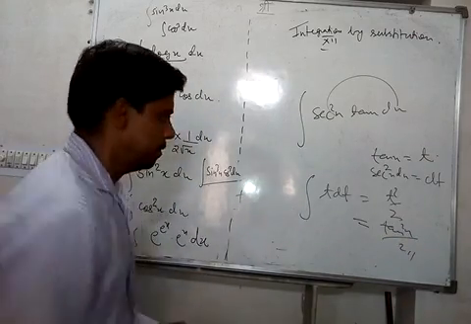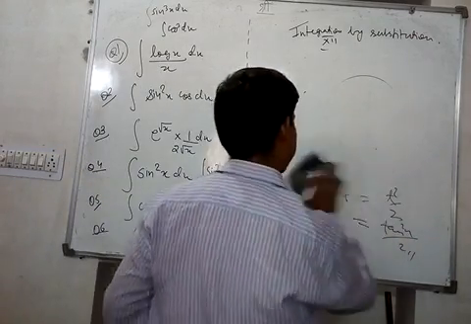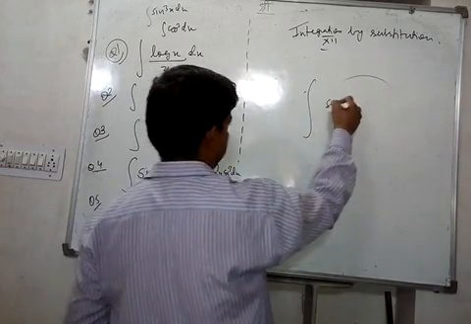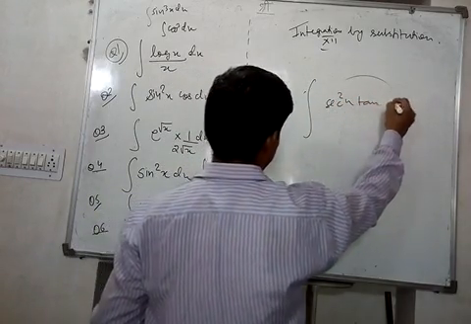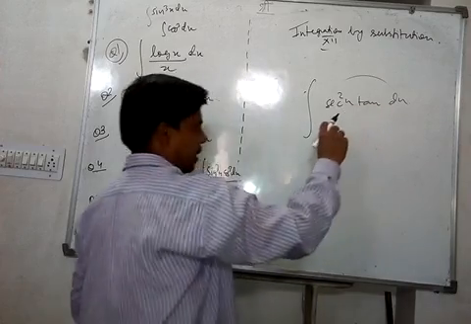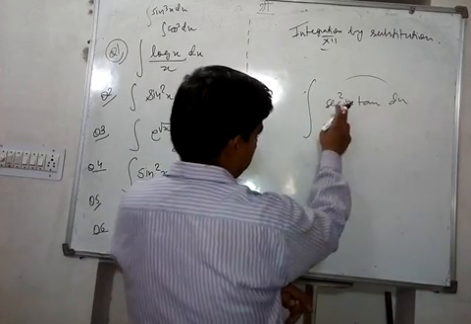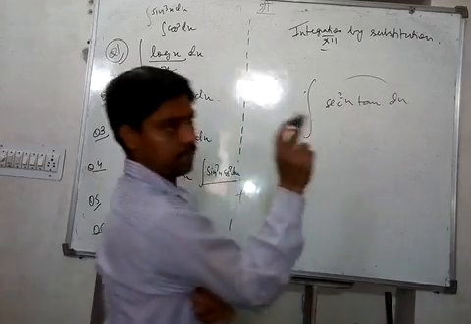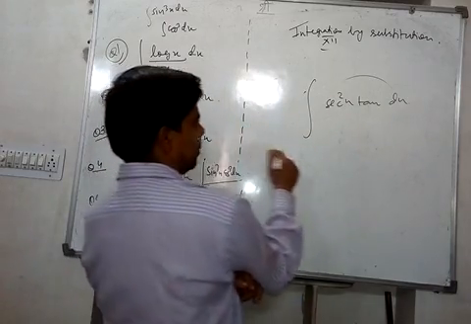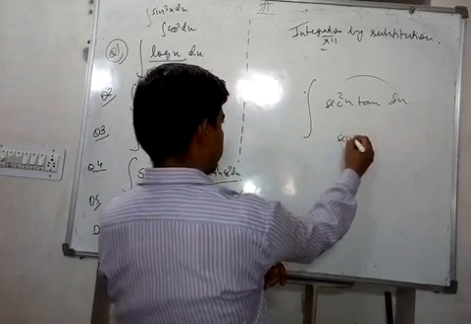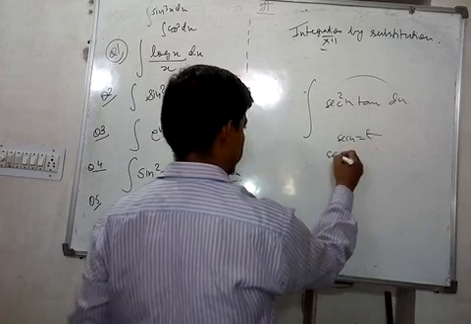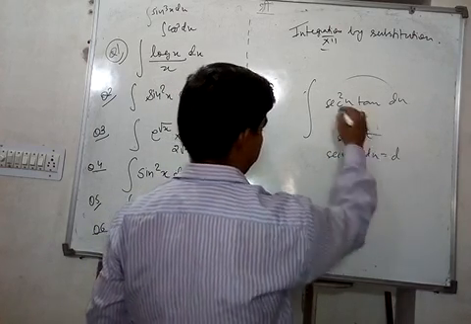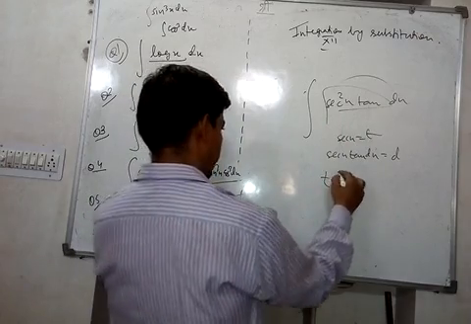This way, right? Suppose you have sec square x tan x dx. That we have done right now, sec x tan x into sec x. So this can also be done in another way, sec x tan x into sec x. So if I take sec x as t, dt is sec x tan x dx is equal to dt. That is t dt again.